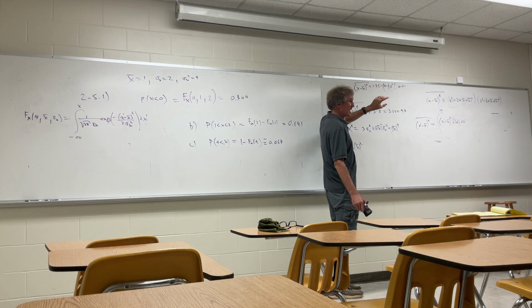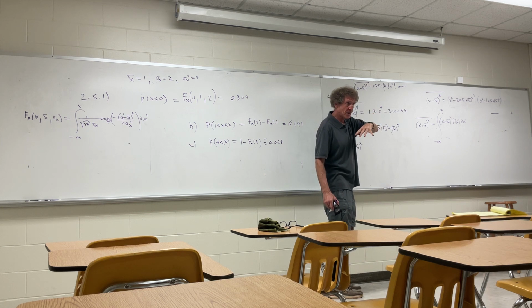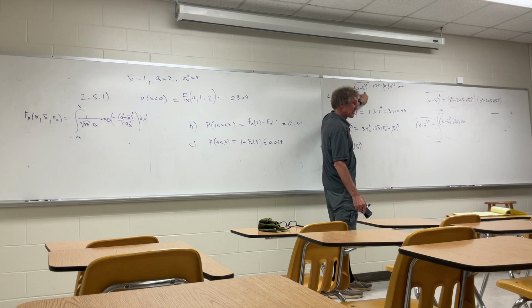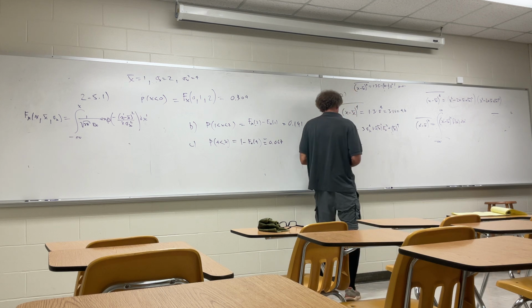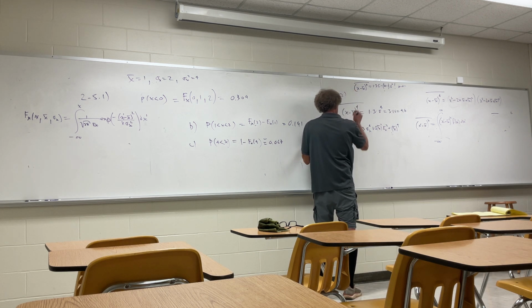Then it asks for the third moment. Now, I'm not gonna ask for the third moment without providing the formula, but you can take this and multiply it out. So if you have x minus x bar squared, I'm not gonna break it out, x minus x bar squared would be x squared, right?